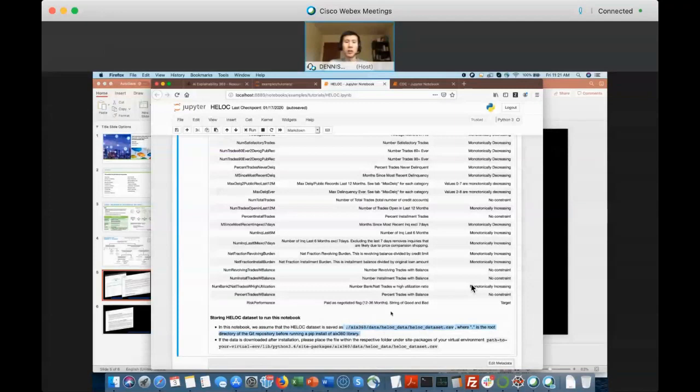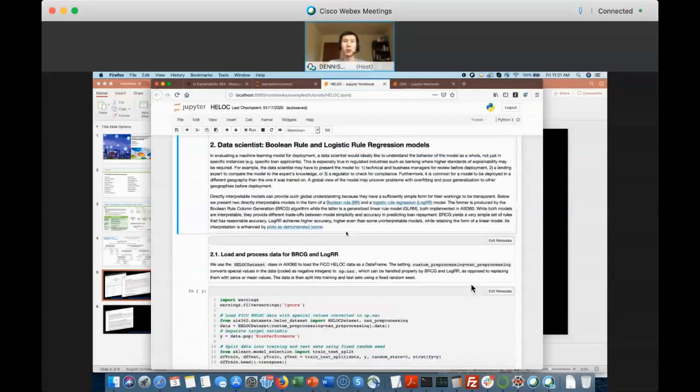Okay, so let's go to the first type of user, which, as I said, is a data scientist. So this data scientist wants a global understanding of the machine learning model that was built for this credit approval task. I mentioned a couple of reasons why they might want this.